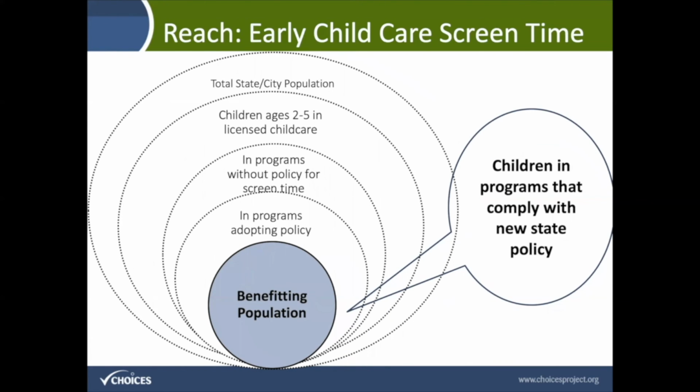And then finally, we narrow our benefiting population. In this example, that would include children aged 2 to 5 in the licensed child care programs without a current applicable policy or program that also agree to implement the new policy and then comply. This gets us to our final population that would benefit.